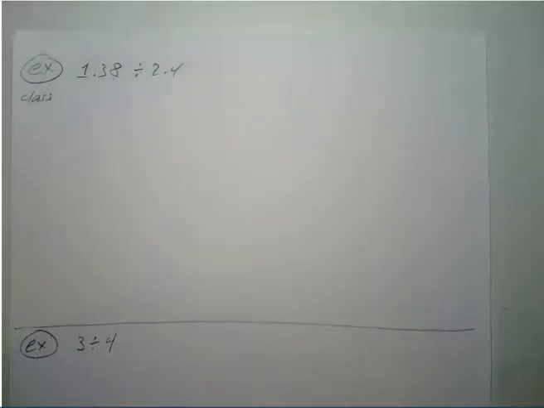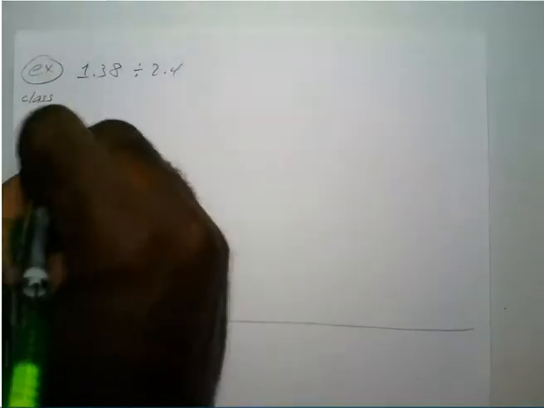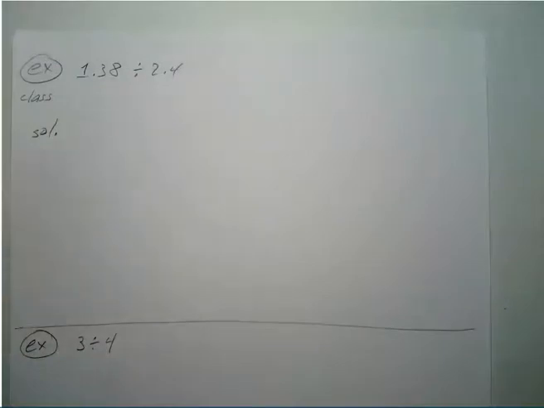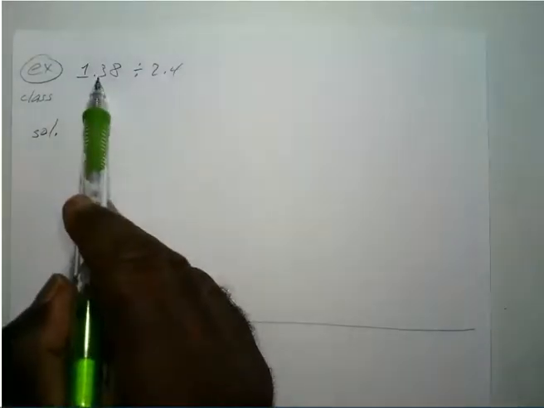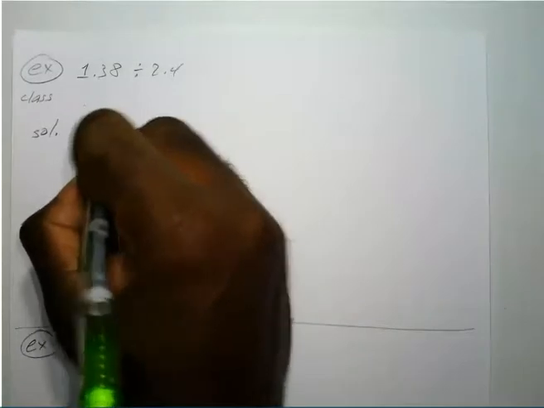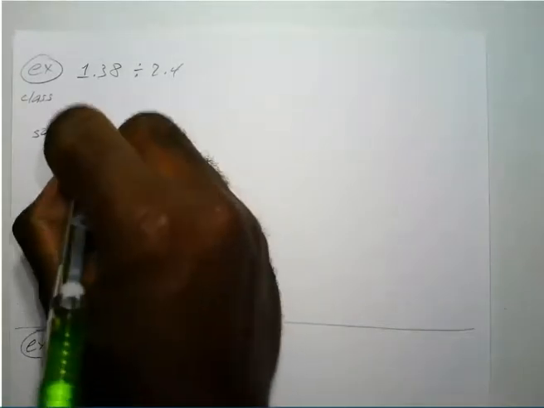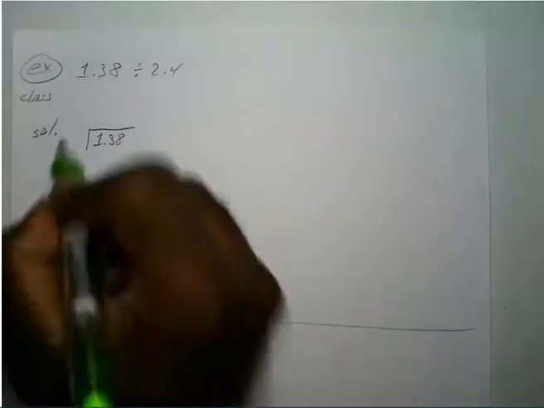Go ahead and press pause and give that a try on your own. I'm assuming you pressed pause and worked it out. So let us go ahead and verify your answer. We have 1.38 divided by 2.4.